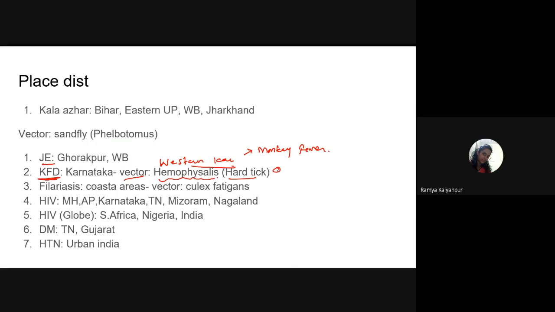This tick, an arthropod, harbors this virus, and wherever it goes and bites an individual, he develops Kyasanur Forest Disease. So this disease is commonly seen in the Western Ghat area of which state? Karnataka. And students remember, the vector for this is the hard tick, that is Haemaphysalis.